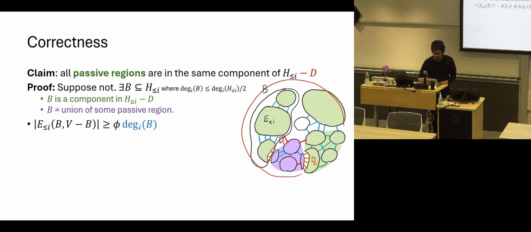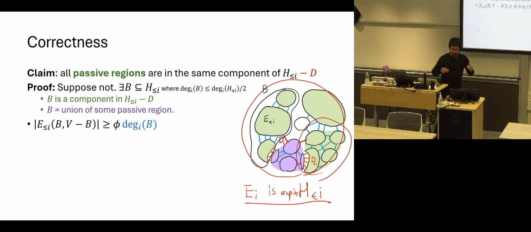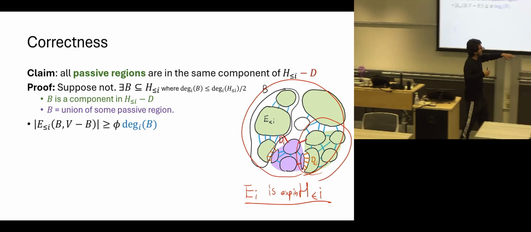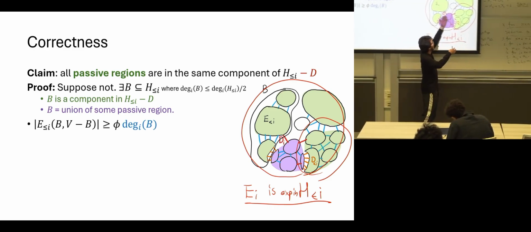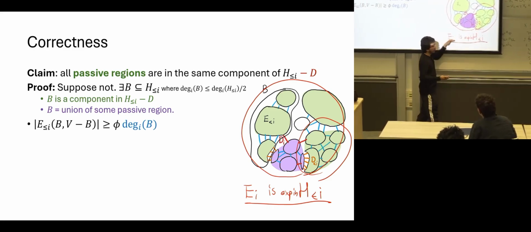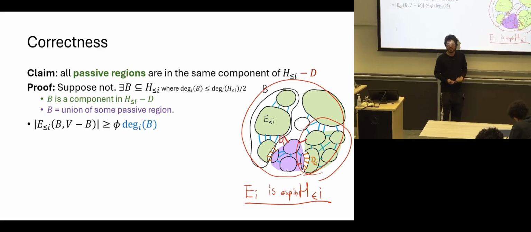Like we know that in this H at most I, E_I is expanding in H. So it means that if you look at any cut, the number of edges in H at most I that cross the cut needs to be big compared to E_I.